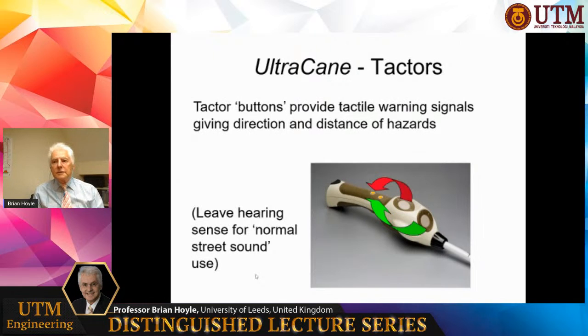So these tactors, as we call them, provide the tactile warning signals, giving direction and distance of hazard. Direction in the sense that one is that way and one is that way. Now you might think, well, how do I work these things out? But let's remember, your fingers have got one of the most densely populated nerve surfaces on your body. You can easily detect something at one point in your thumb and at another point in your thumb.